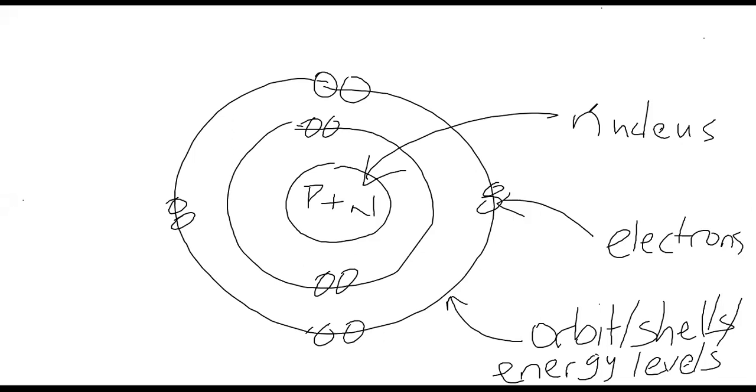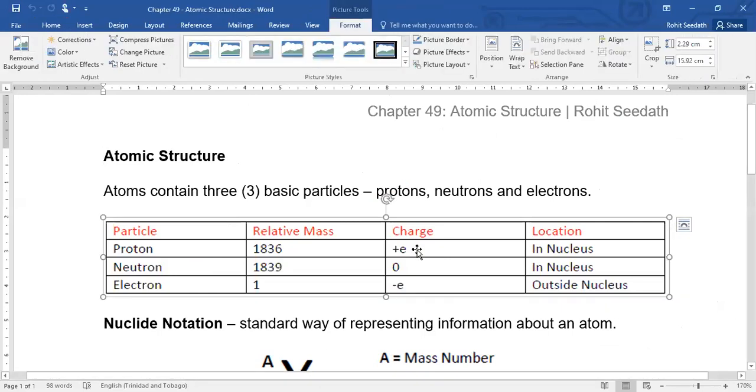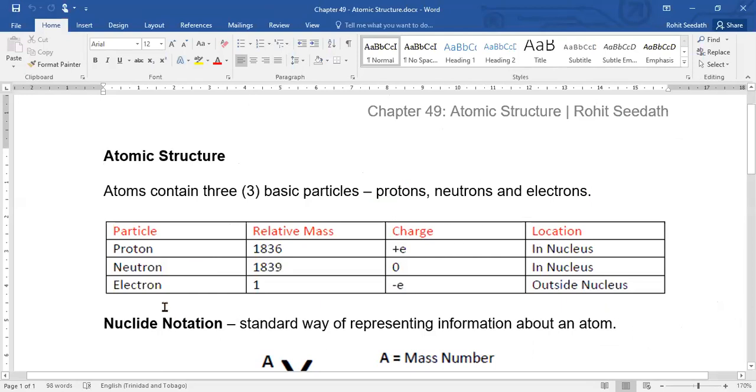Nice. So we're moving on now to talking about each of these subatomic particles. These three basic particles we call subatomic particles, and they are protons, neutrons, and electrons. Your protons have a positive charge. This means positive here. Your neutrons have no charge, and your electrons have a negative charge.